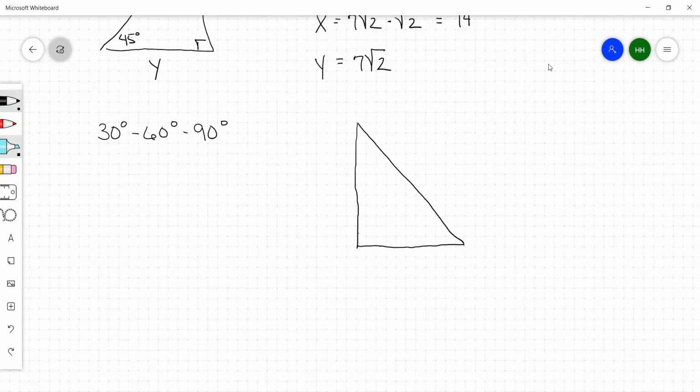All right, let's make this triangle ABC. We're going to make angle A the 30-degree angle, which means angle B has to be the 60-degree angle.